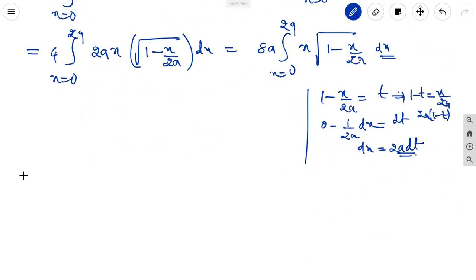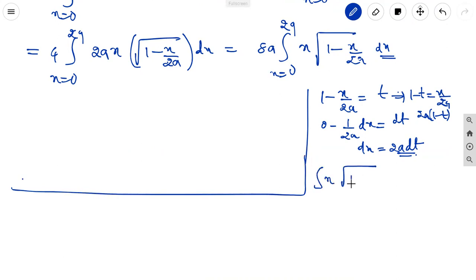Integral of x under root of 1 minus x by 2a into dx equal to, what is the x? x is equal to 2a, 1 minus t is the x value, integral under root means root t, dx equal to 2a dt.